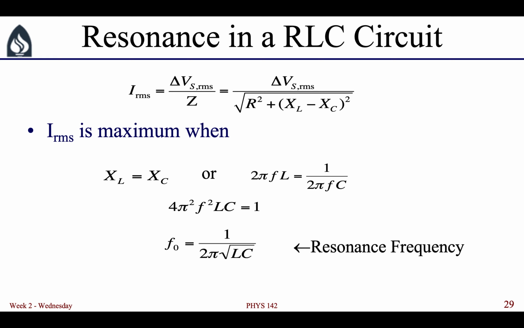So if you're trying to make your radio sensitive to just one frequency, you can adjust the inductor so that the resonance frequency matches the frequency that you want to pick out, and then the radio will be most sensitive and will start to resonate and have a stronger current when that frequency is sensed by the radio.